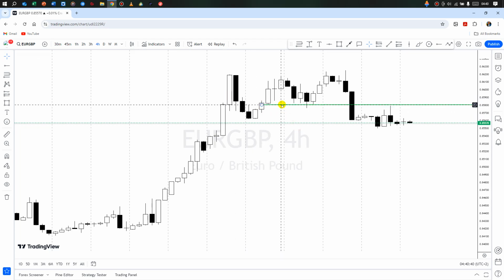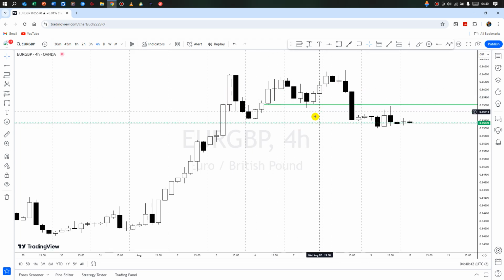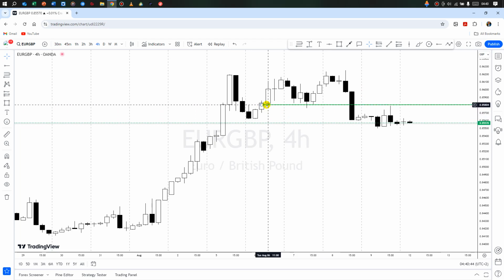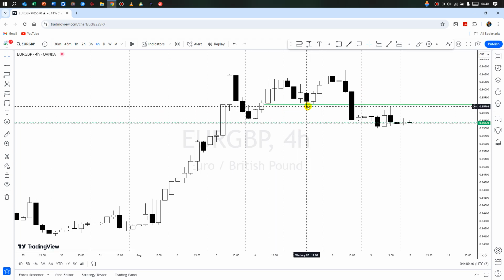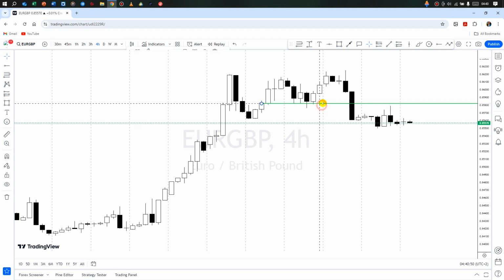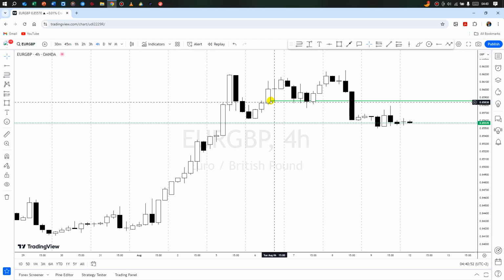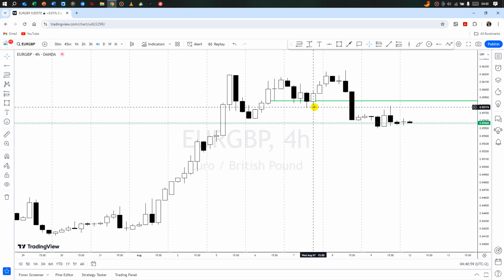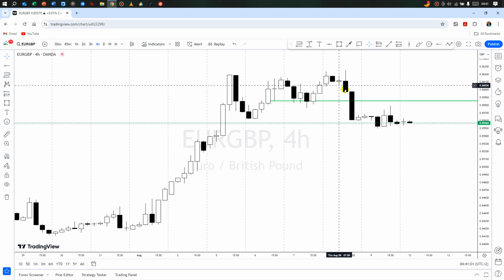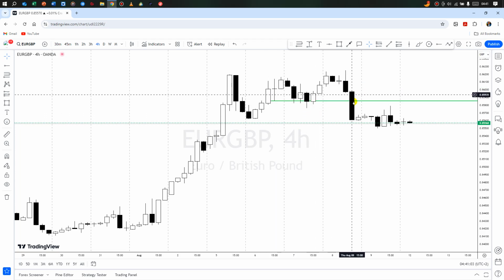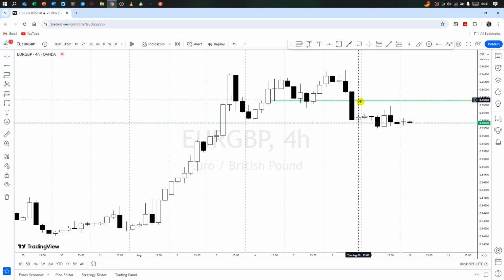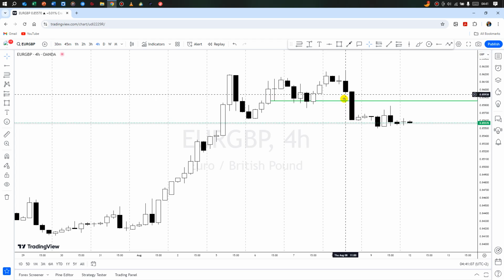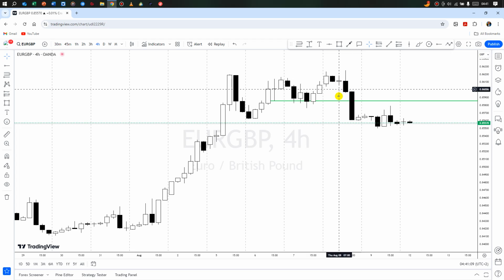As you can see here, on this level we do have support number 1, then support level number 2, or we can just push it further till this level here. We can say this is support number 1, support 2, 3, multiple reactions, as you can see on this level. Also the price engulfed from our level in a significant manner, but that doesn't matter. In that case we'll have to look for a zone around this area here.